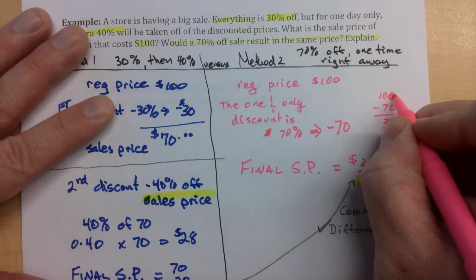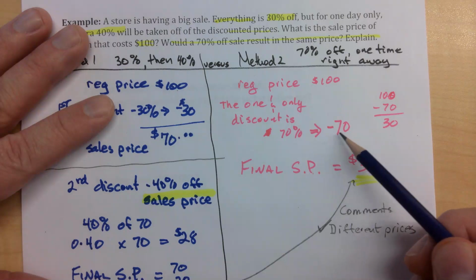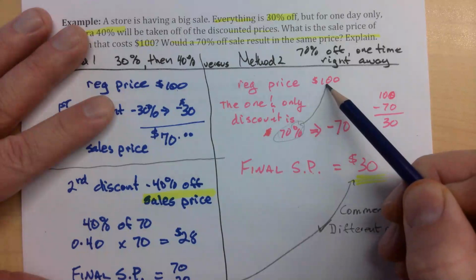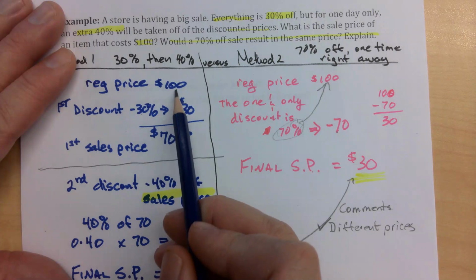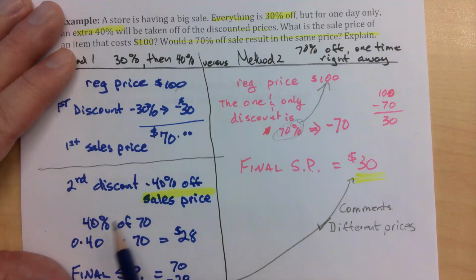The difference is the 40% and the 30%, the total of 70%, is applied to the $100 over here. Whereas over here, only the 30% applied to the $100, then the 40% applied to the 70.